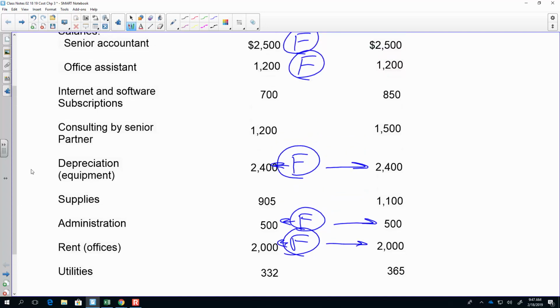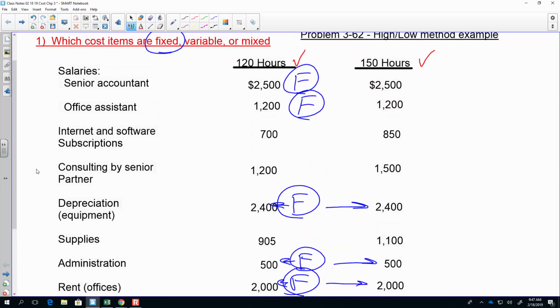Now, next we have to decide which one is variable and which one is mixed. To do that, remember the definition of a variable cost. The cost per unit, the driver, is constant. The unit cost is the one that's constant. And please know that definition for the multiple choice question on the exam. How do I know when it is a variable cost?